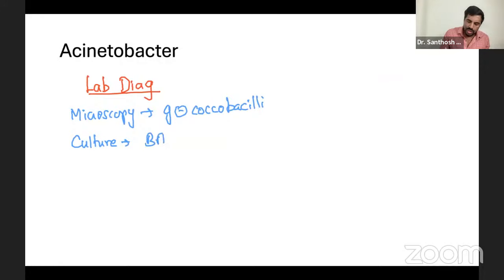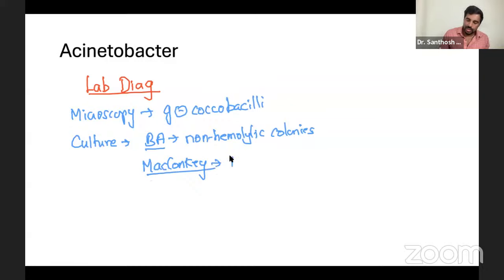In blood agar, you'll see non-hemolytic colonies. And in MacConkey, you will see NLF colonies, non-lactose fermenters.